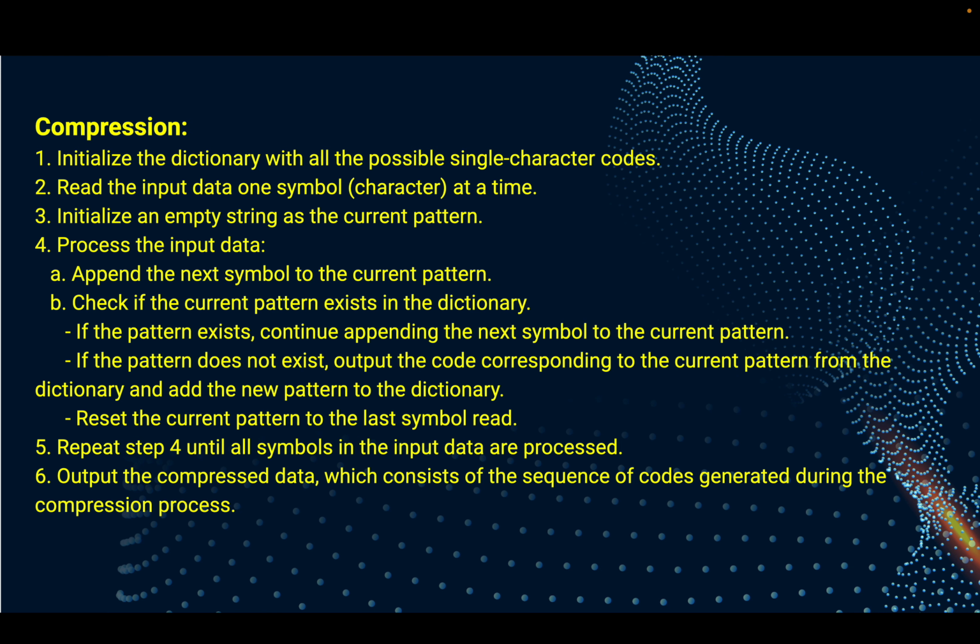If the current pattern does not exist, output the code corresponding to the current pattern from the dictionary and add the new pattern to the dictionary. Reset the current pattern to the last symbol read. Repeat step 4 until all symbols in the input data are processed. Output the compressed data, which consists of the sequence of codes generated during the compression process.